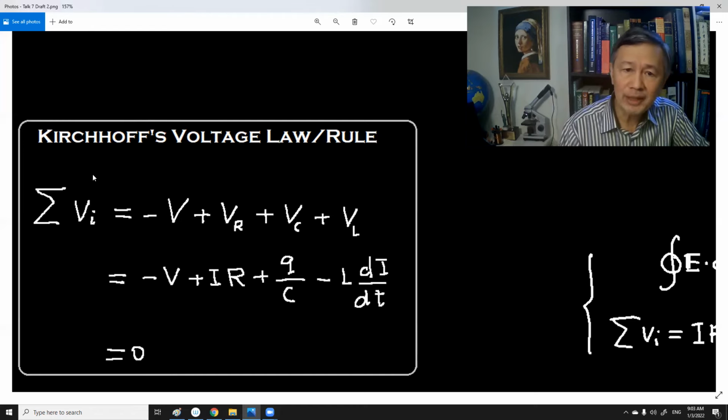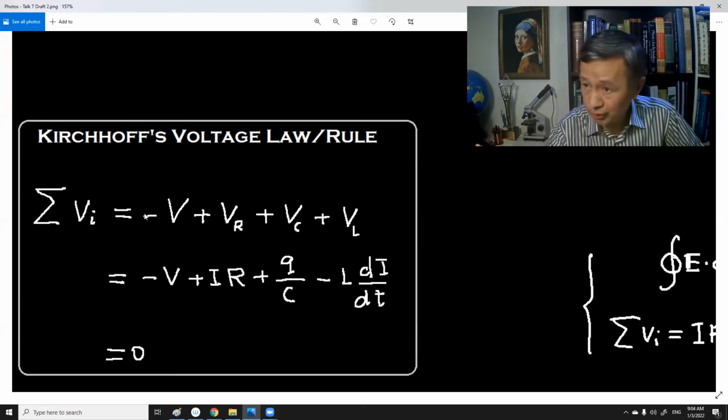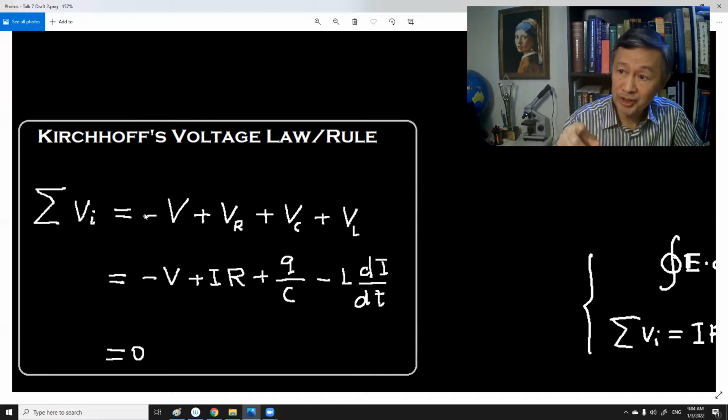So basically what Kirchhoff's voltage law says is that if you count the voltage drops or voltage increases along a loop you choose arbitrarily, when you return to your starting point, the sum of these voltage drops will always be 0.